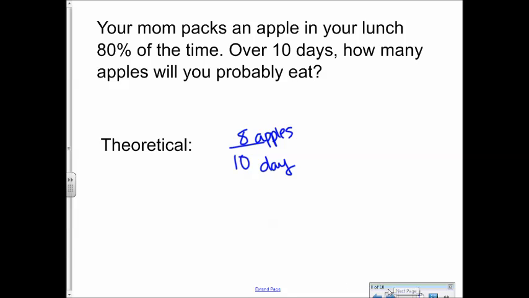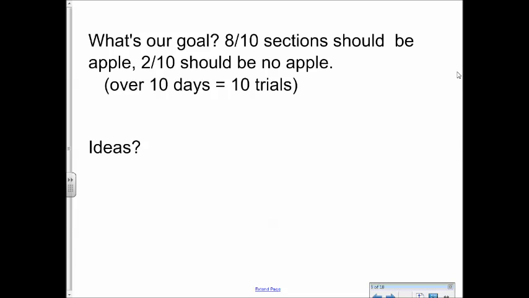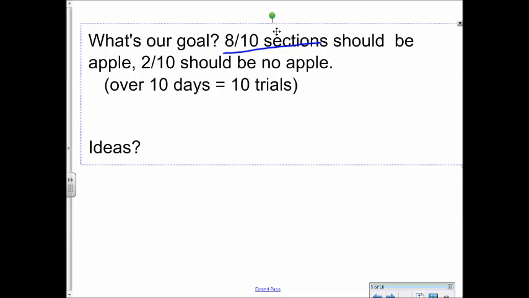There are lots of different ways we could test this. We have to think, what's our goal? Well, we know that we want 8 out of 10 sections of something. That will represent our apple. 2 out of 10 should be no apple. And we should probably run our trial 10 times, 1 for each day. Do you have any ideas?